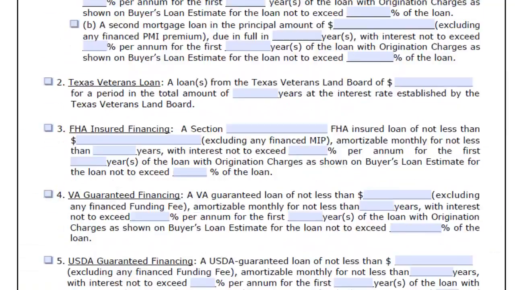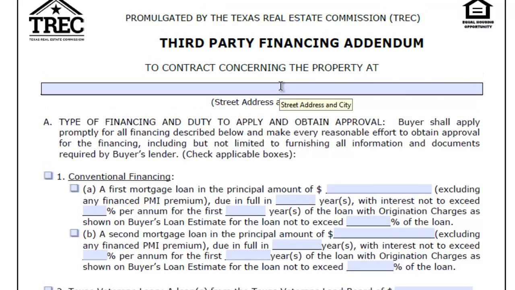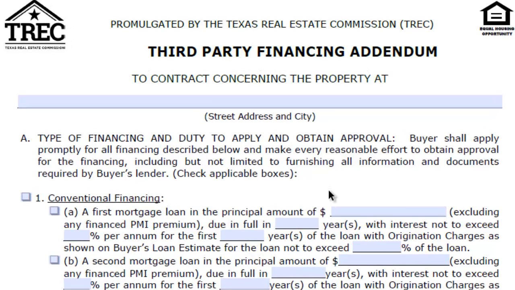So let's go back up to the top and go one line at a time. You're going to put the address in here. All you have to put is the street address and the city, and that's it. Paragraph A is kind of interesting, and most people think of this document as something that just gives protection to the buyer, which it does, but the buyer also has some obligations that they have to meet in order for this protection to exist.